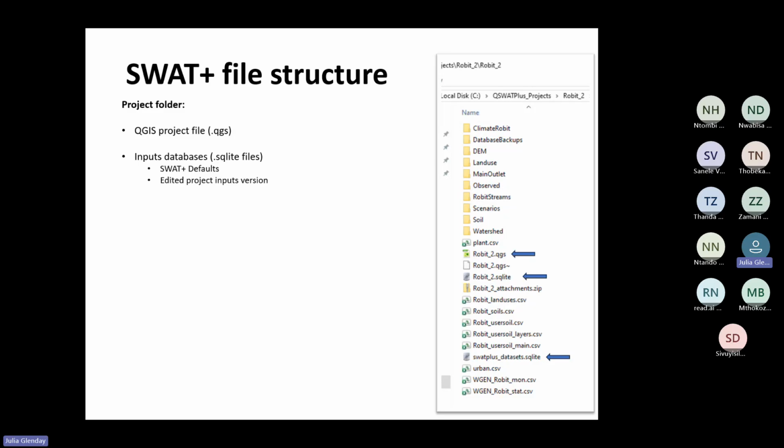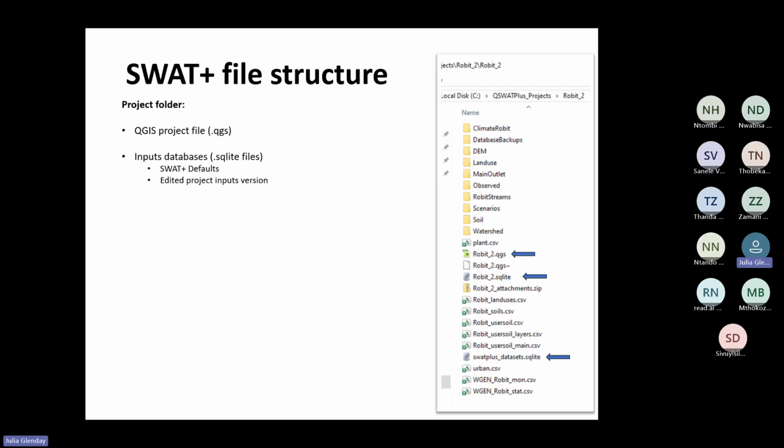So SWAT Plus uses a freeware database program called SQLite in the back end. And so these are database files that are SQLite software files. When you make a new project, it makes this SWAT Plus datasets one that gets copied over, and that's the defaults that come with SWAT Plus.